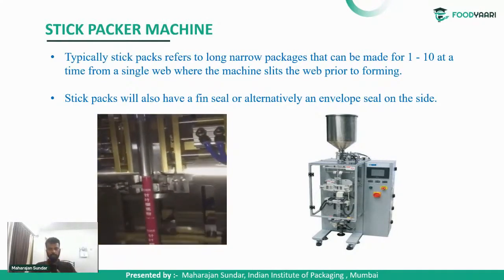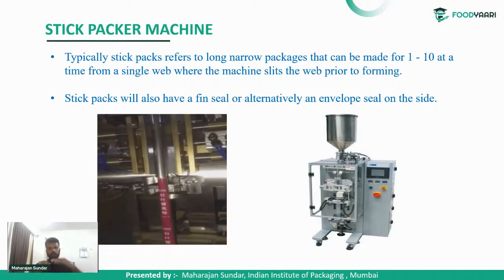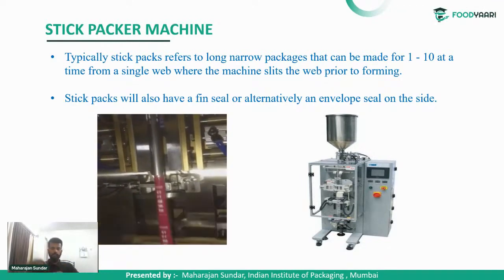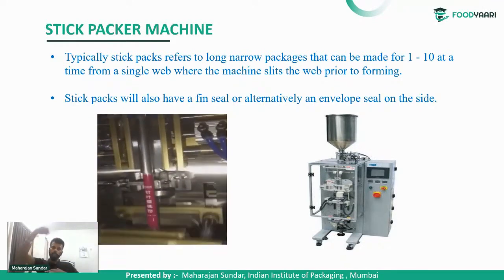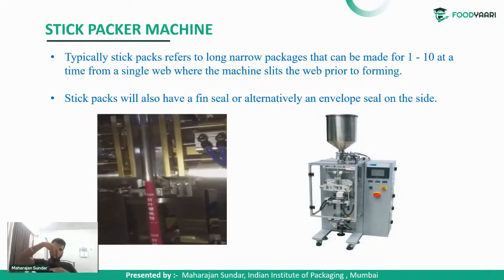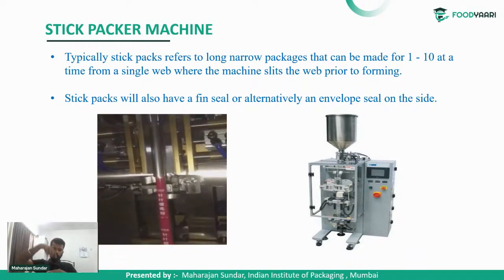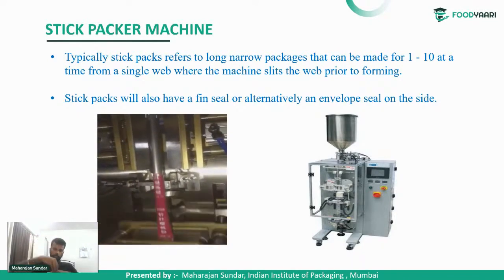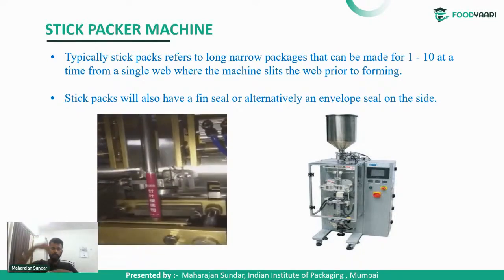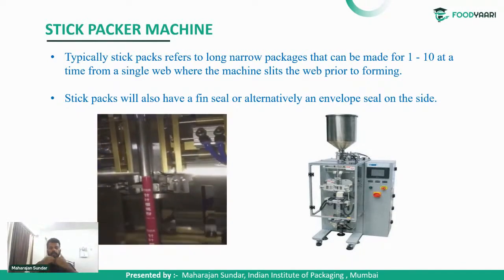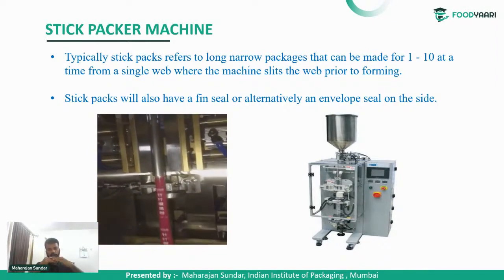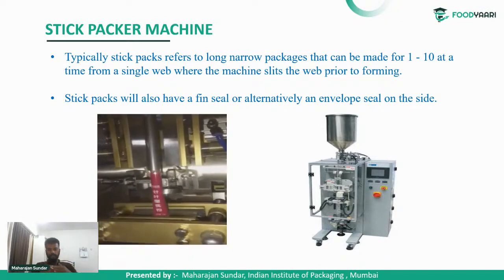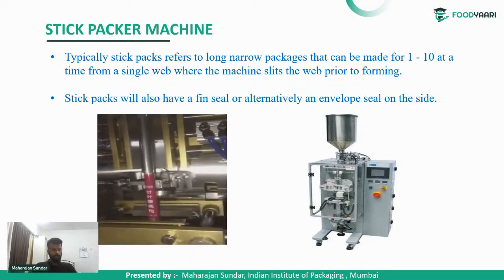Then the bottom seal will be made, and at the same time the product, for example the kulfi, will fall from the top, like in a vertical form fill seal machine, so that the product is filled. Then it has to be sealed at the top. While sealing the top, the bottom of the other pack is also sealed, and then it is detached and dispatched.